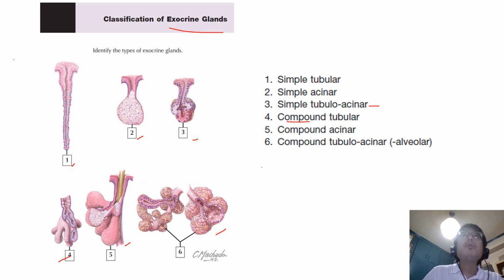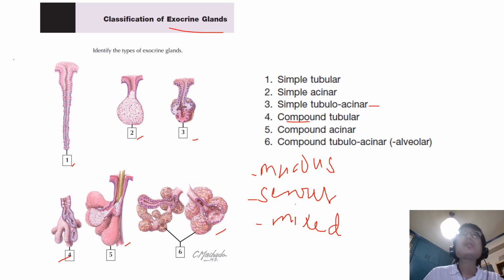They may be mucus when the secretion is viscous glycoprotein called mucus. They are serous when the secretion is watery and enzyme rich, or mixed when the same gland produces both serous and mucus secretions.